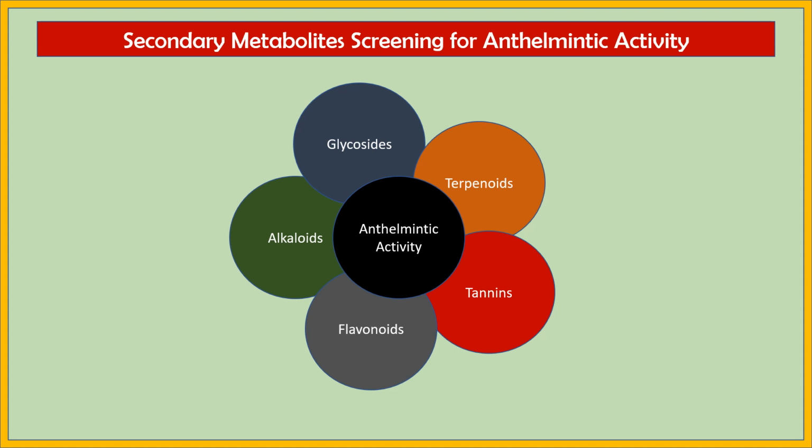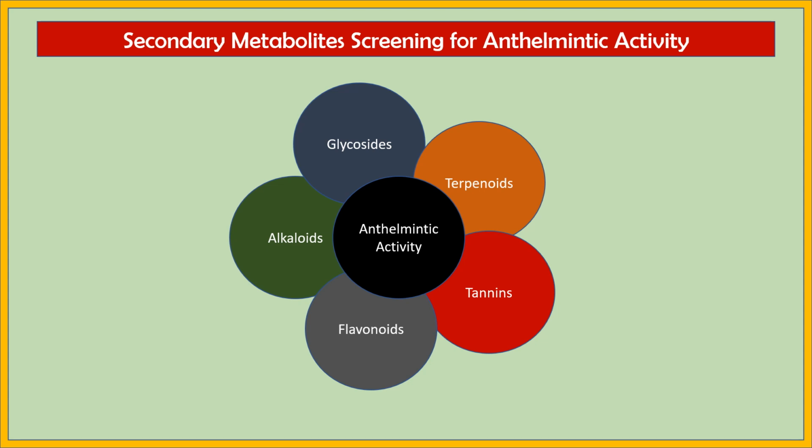Again here, if you want to screen for plants that have anti-helminthic activity, then we can screen for certain secondary metabolites. So what are the metabolites that can be screened for anti-helminthic activity?